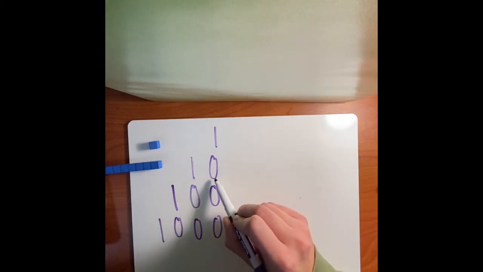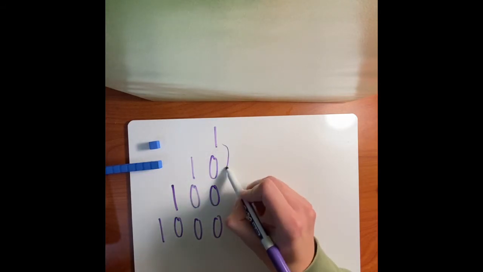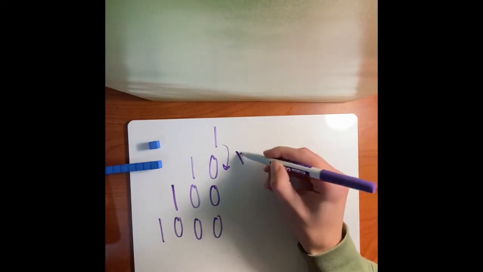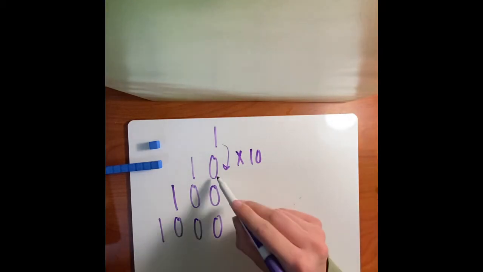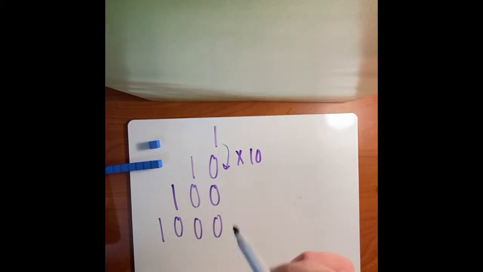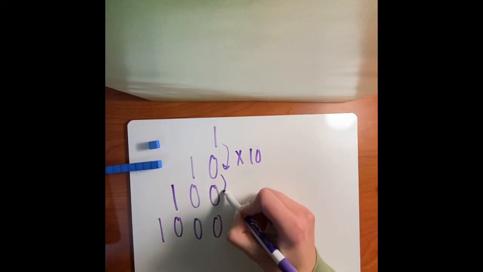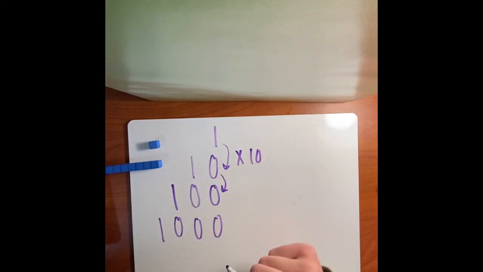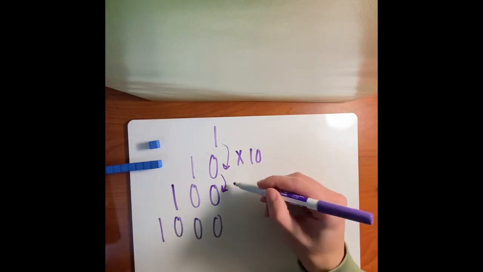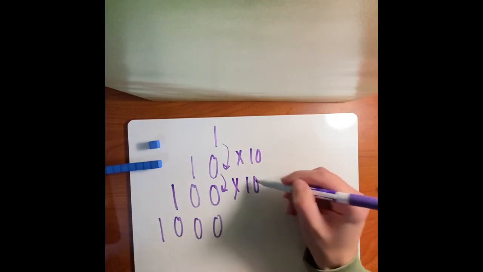So to go from here to here, we're going to multiply by 10, and that's going to get us 10. Now, how are we going to get from 10 to 100? I mean, of course, one thing we could do is add 90, but what I'm going to do is I'm going to go ahead and multiply this by 10.